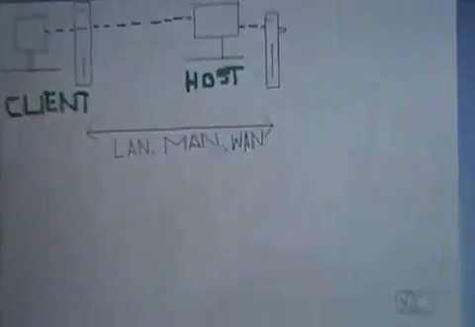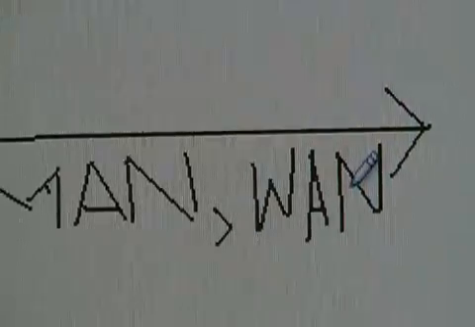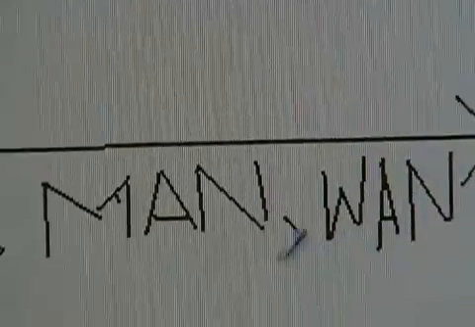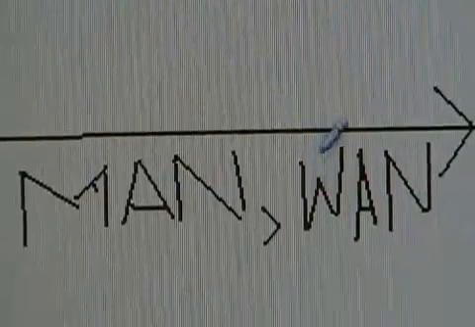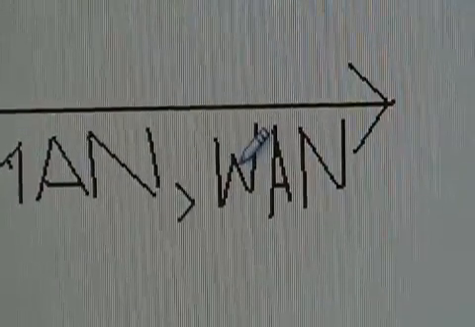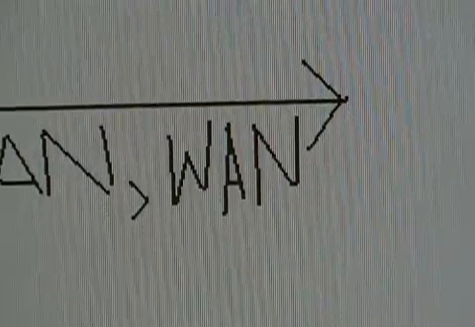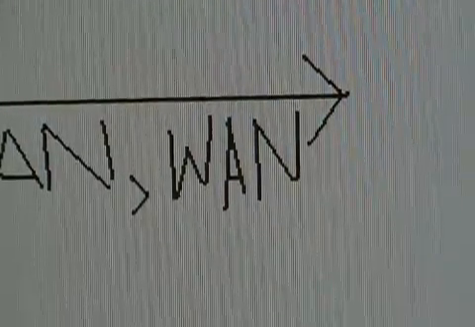Now, the last classification is a WAN. And some of you might have guessed this, but WAN stands for Wide Area Network, and is any type of computers that are interconnected as long as they are farther than 48 kilometers from each other or 30 miles from each other. So connected computers that are farther than 30 miles or 48 kilometers from each other.